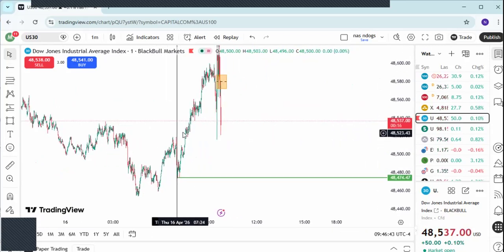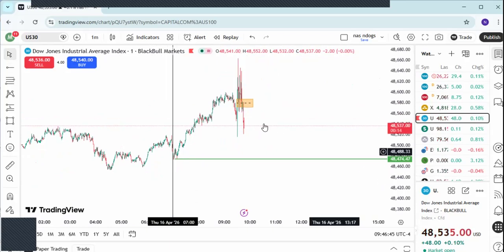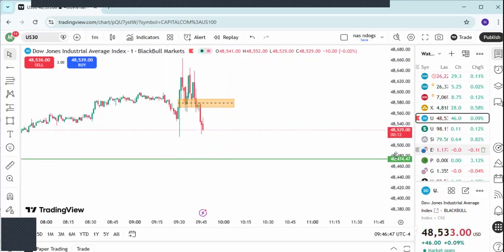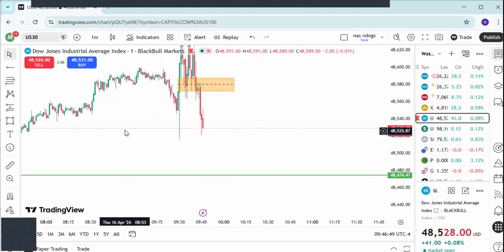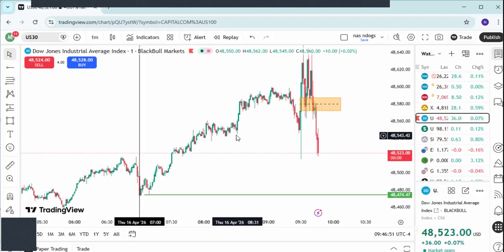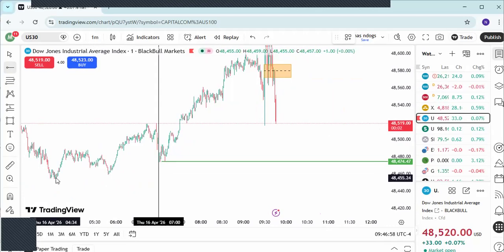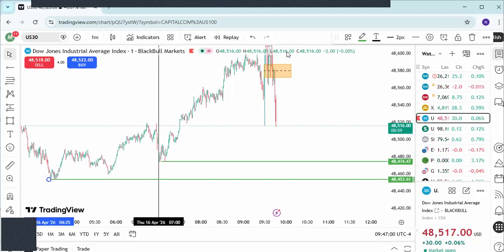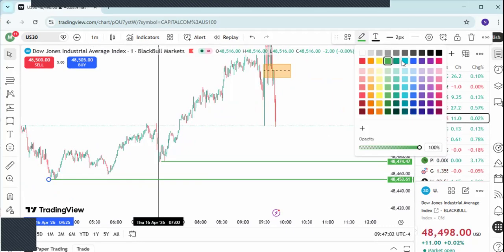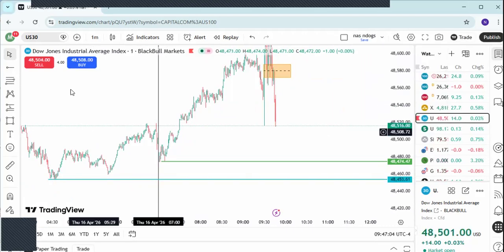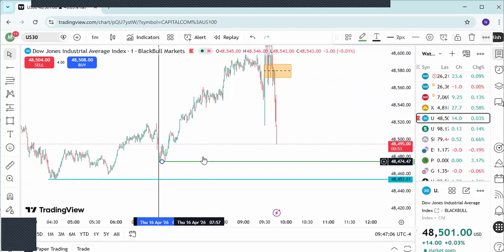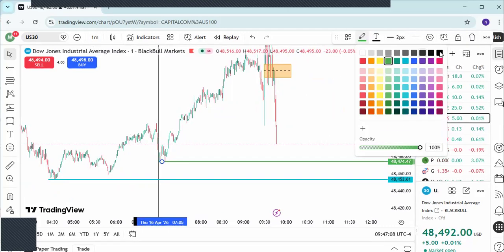Okay, yeah. Now the easiest draw is there. Then below that we have this one. Okay, here it's London sell side. There we go. And then this is initial sell side.